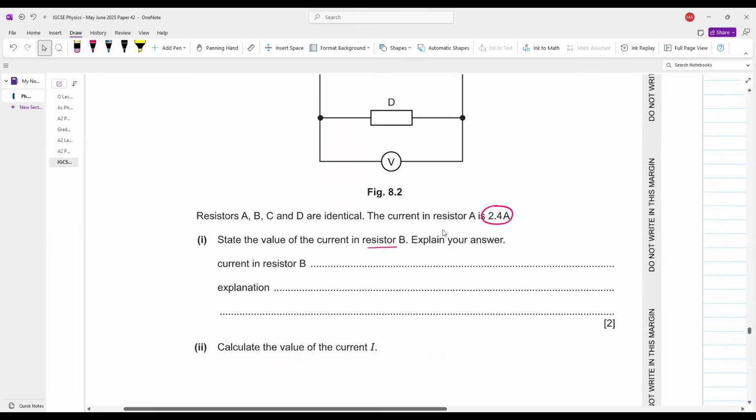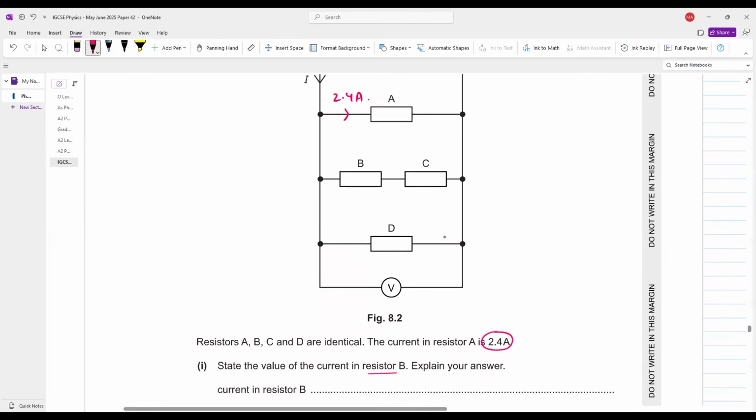If you realize this branch, the branch which I am highlighting in yellow, has a total resistance of R. Let's say each of them has a resistor of R, because all of them are identical.